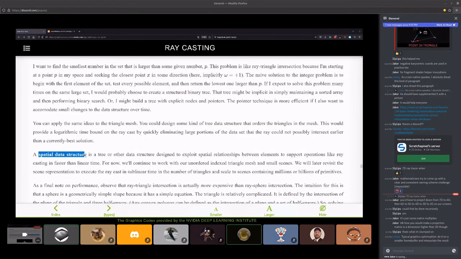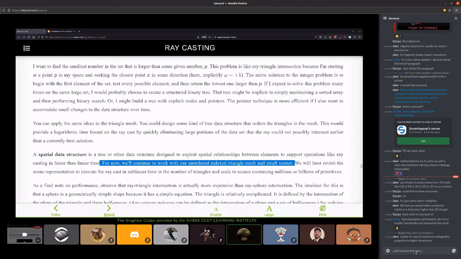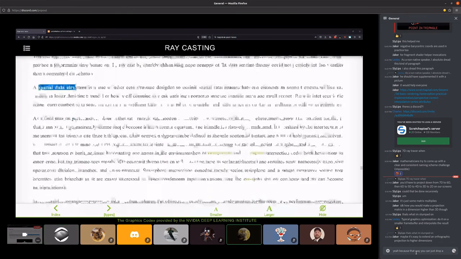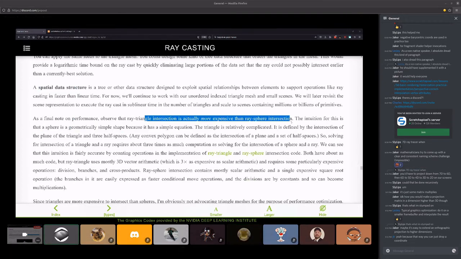A spatial data structure is a tree, but we'll deal with spatial data structures at a later point. Yes, ray triangle is more expensive than ray sphere because you have to do more checking.